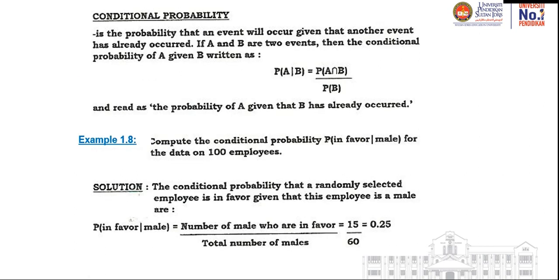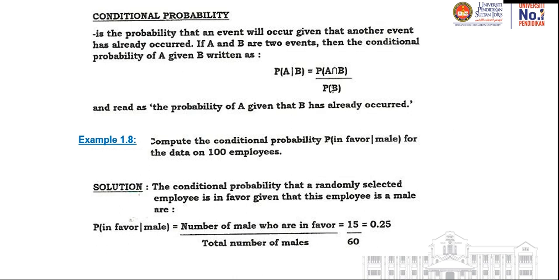Okay, next, another term after the marginal probability is conditional probability. By definition, conditional probability is the probability that an event will occur given that another event has already occurred. If A and B are two events, then the conditional probability of A given B is written as P(A|B) equal to P(A intersect B) divided by P(B).